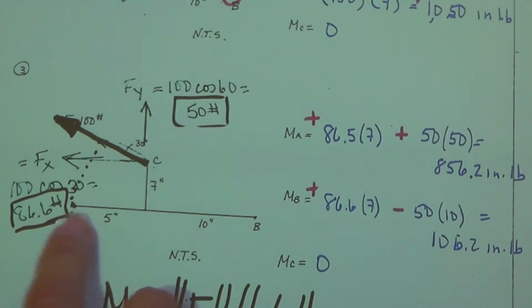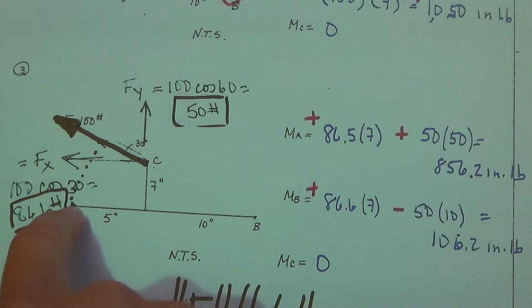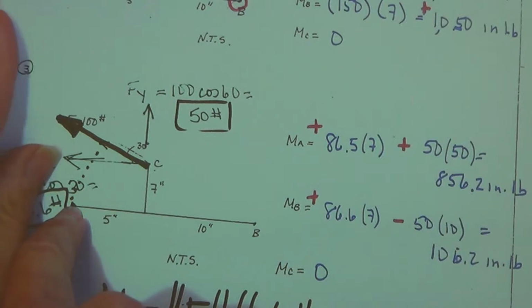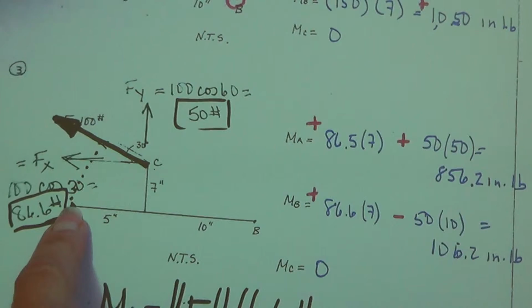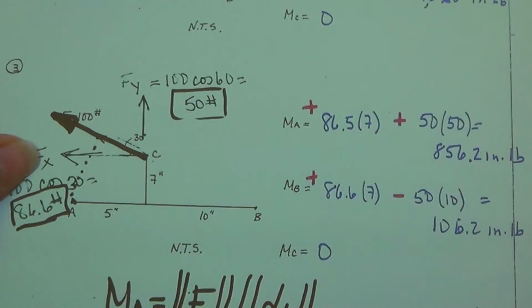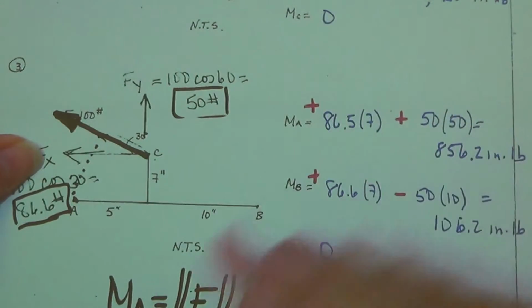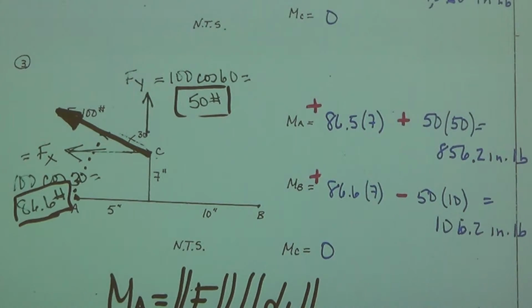I put my finger on the point I'm finding the moment about, I take my paper and I move it in the direction of the force. You see how it spins? It spins counterclockwise, which is positive. Finger goes in the direction of the force, palm goes towards the point I'm finding my moment about, it's positive.